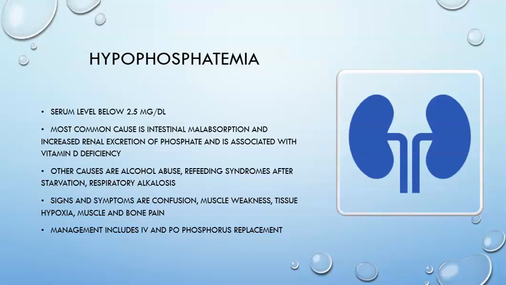So you have like an anorexic patient that you're trying to refeed, you could see low phosphorus levels, and then respiratory alkalosis. Signs and symptoms are confusion, muscle weakness, tissue hypoxia, and muscle and bone pain. And then your management is IV and PO replacement of phosphorus.